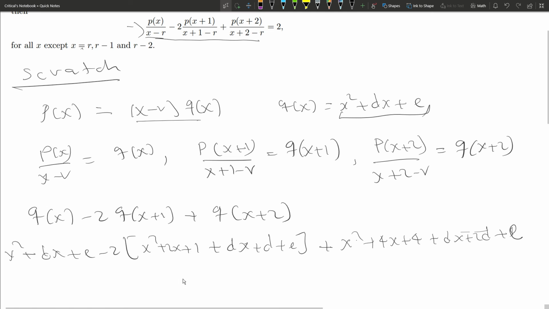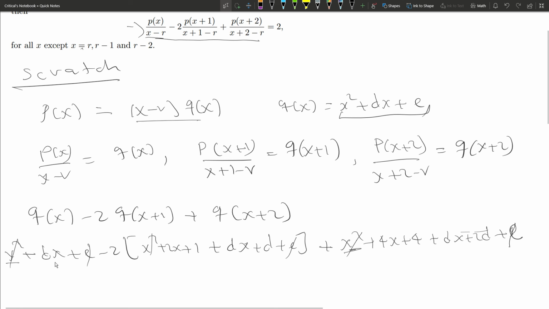If you notice, we have an e over here, another e over there, and a minus 2e over here, so those sum to 0. The same thing for x squared: we have an x squared over here, another x squared over there, and a minus x squared over here, so these also cancel out.